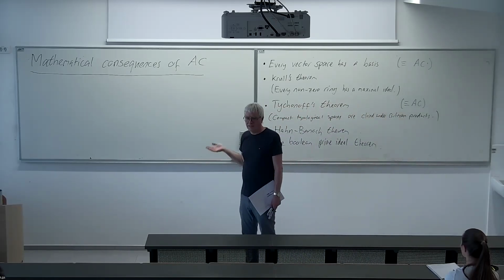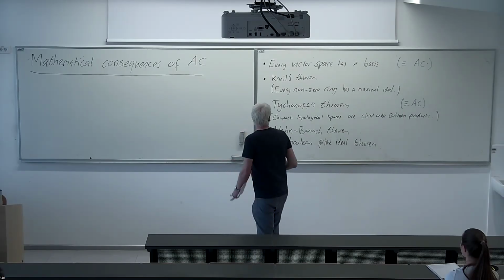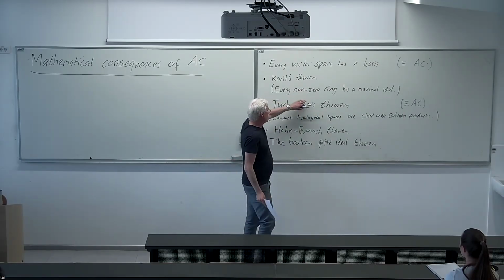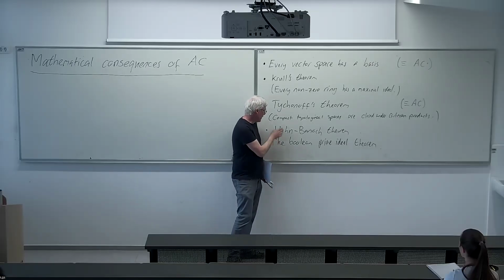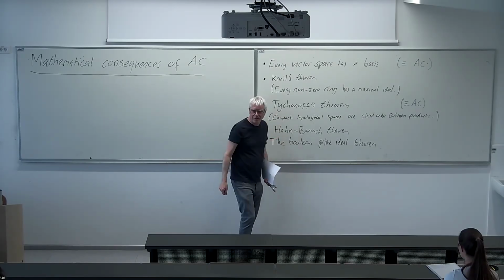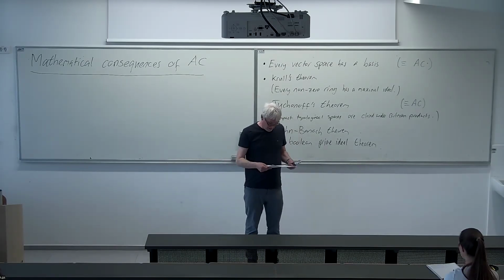So they all require something. Some of them are equivalent to choice, and for the others, the Boolean prime ideal theorem is weaker than the axiom of choice, but it is equivalent to many other statements too. So that's a weaker principle. Right.